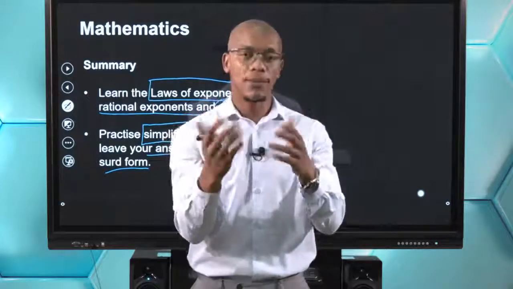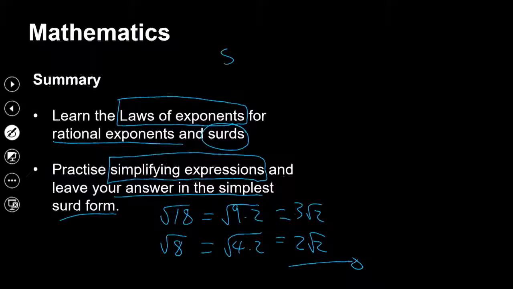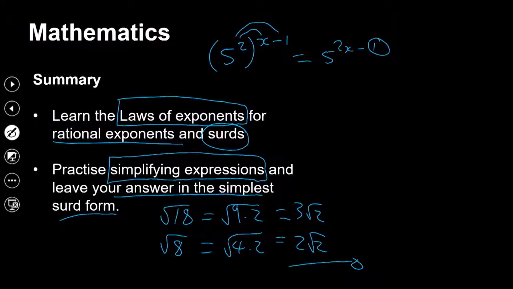What do I mean by this? If maybe I have, let me just write it down for you, 5 to the exponent of 2 and then x minus 1. Always multiply it with both of them, because some people, they just say this is 5 2x minus 1. This is incorrect. Why? Because the 2 must be distributed to both of them. So even that one must also be a 2.